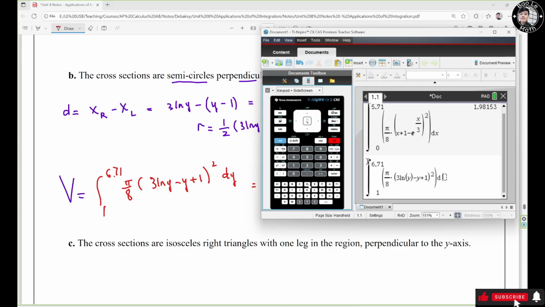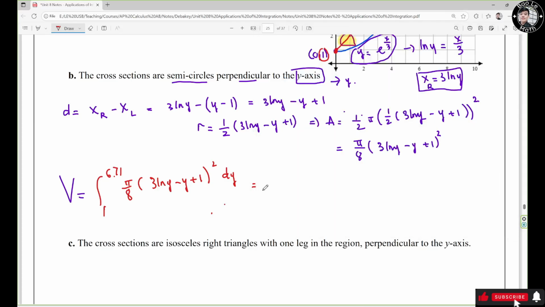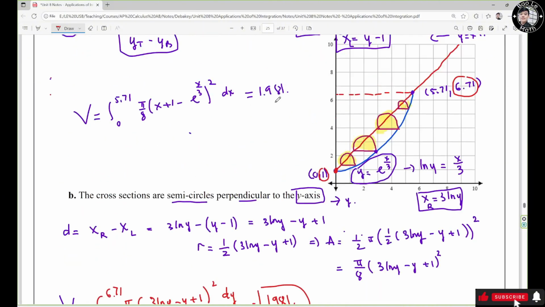Don't forget dy right here. Hit enter. The answer is 1.981, which is the same thing as the answer we got in part A.